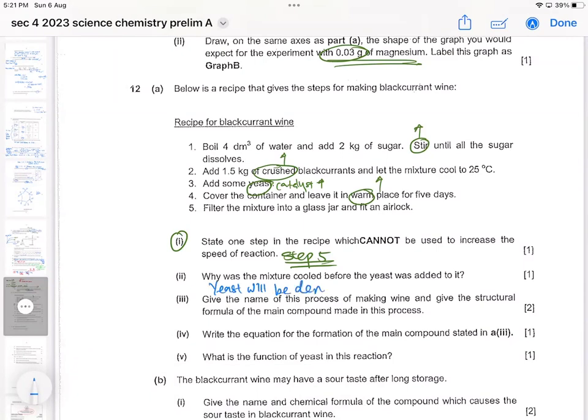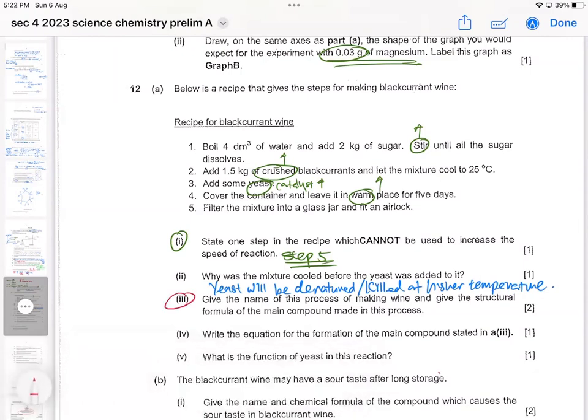The proper term is denatured, but if you cannot remember, just use killed, that is fine. Okay, that's all.